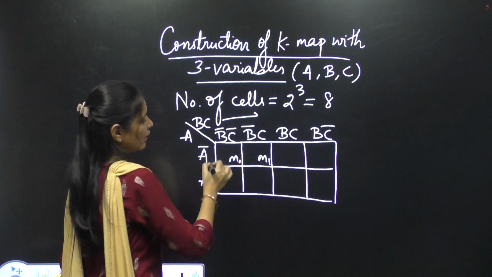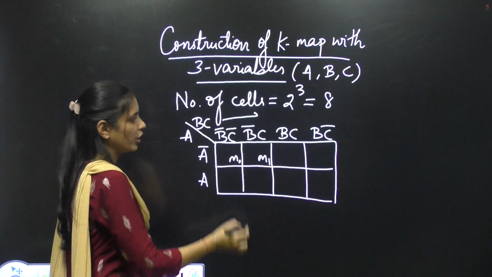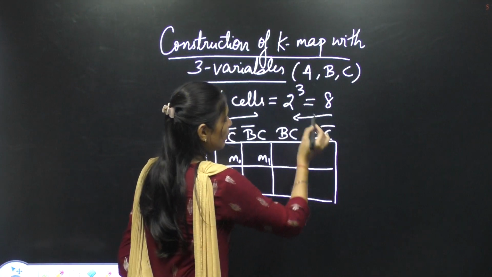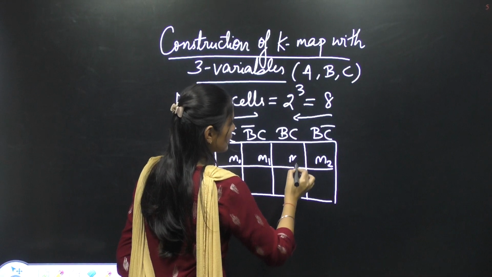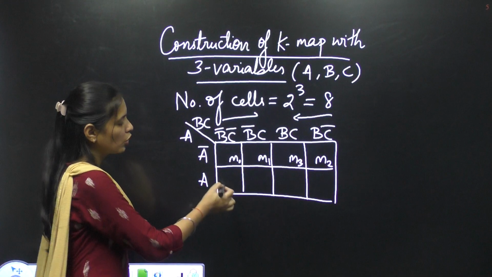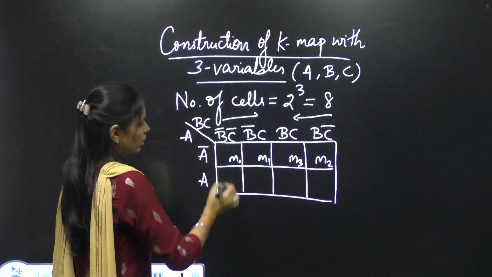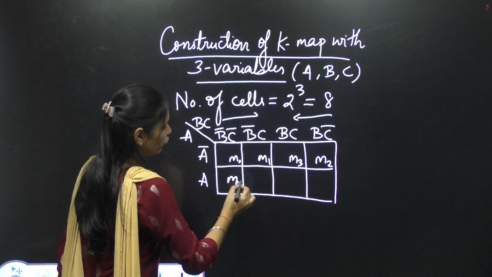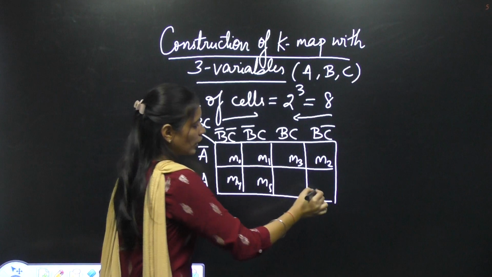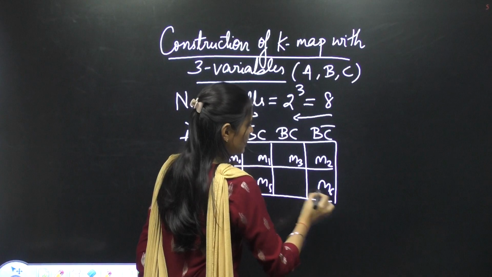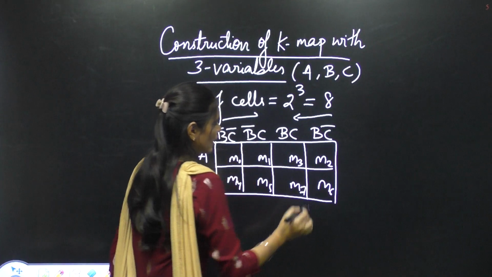From left to right I will write M0 and M1. Again, I will write from right towards the left, so this will be M2 and this is M3. Similarly it goes for this row also. So I will have M4, M5 from left to right, and from right to left M6 and M7.